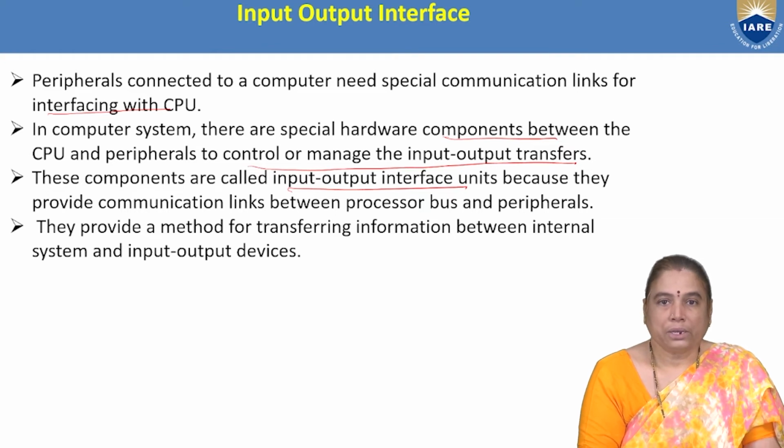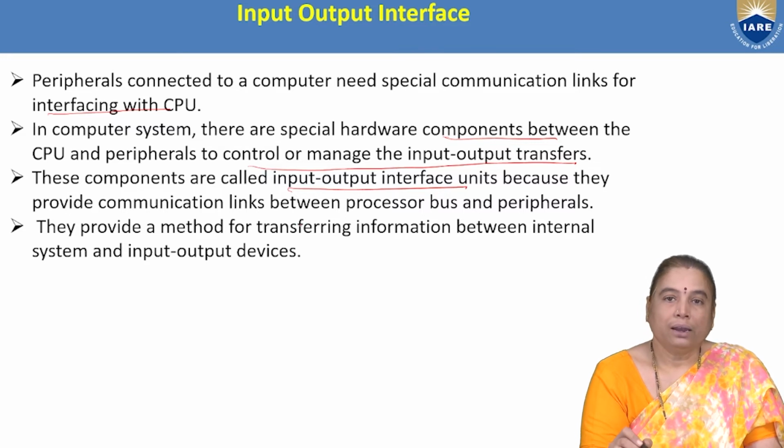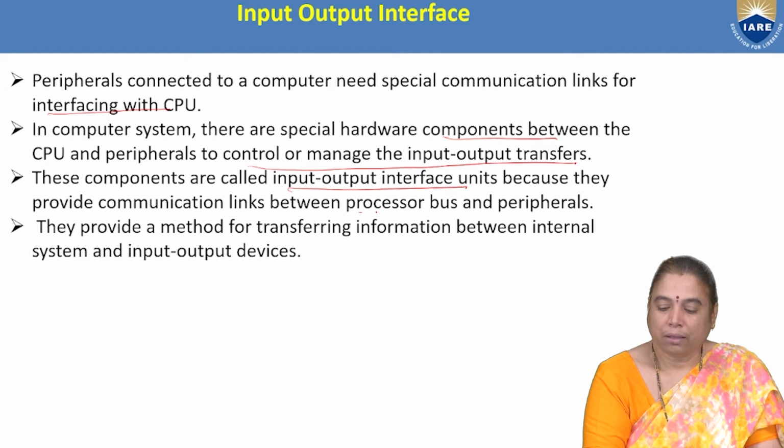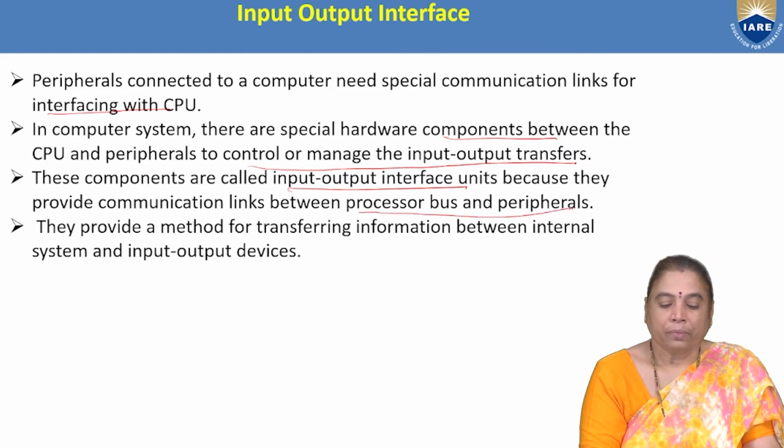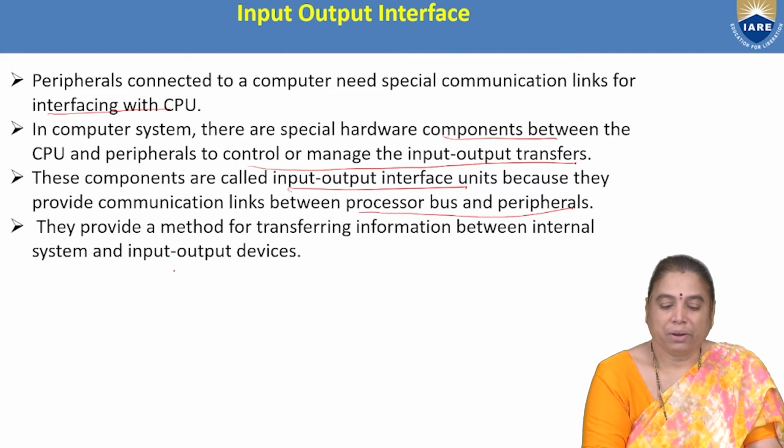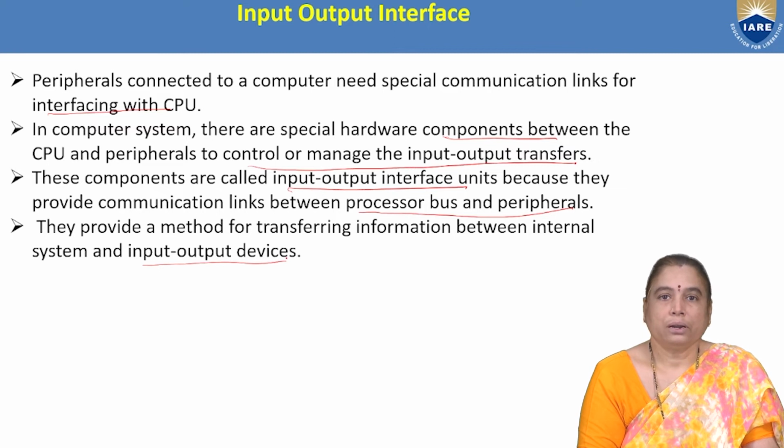The communication channel that links the CPU with the input-output devices is the processor bus. It provides the method for transferring information between the internal system and the input-output devices.